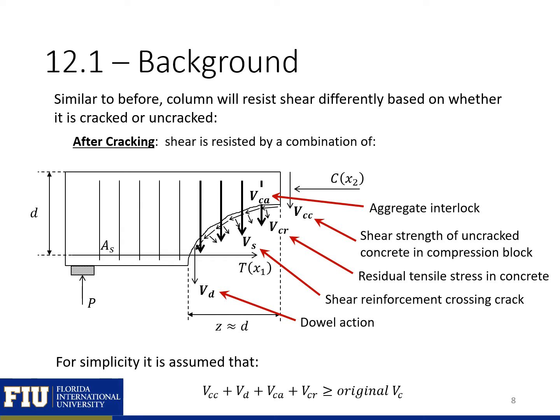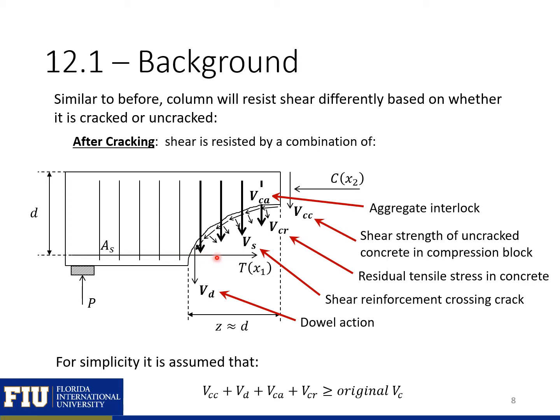After cracking, the shear resistance is made up of aggregate interlock, the shear strength of the uncracked concrete in the compression block, the residual tensile strength in the concrete, V_cr here, the shear reinforcement crossing the crack, V_s, and the dowel action provided by the primary longitudinal reinforcement.